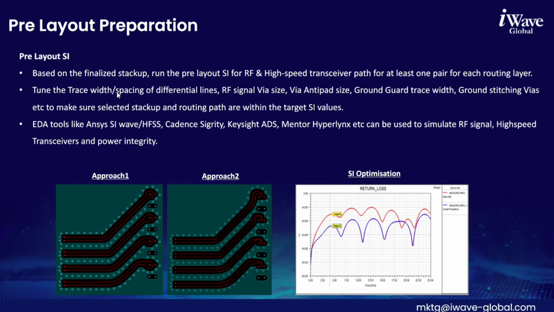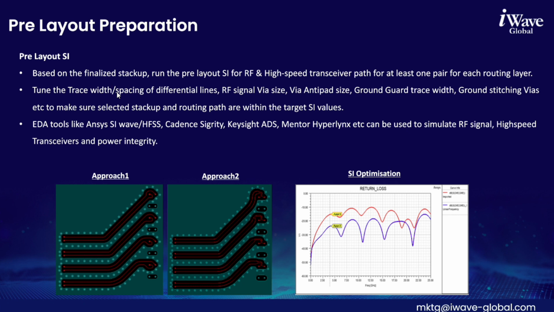So once the PCB stackup is ready, before moving to the layout, we have to do the pre-layout SI. This is required because, to achieve the optimum performance and the target loss value, we need to tune not only the trace width and spacing, but also how it is routed. The overall pattern has to be tuned.